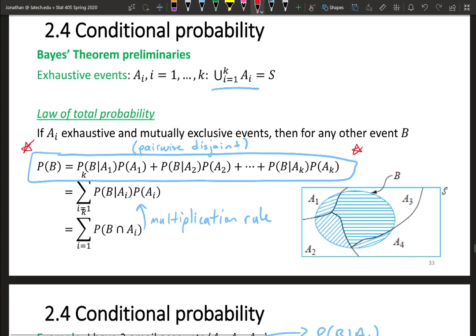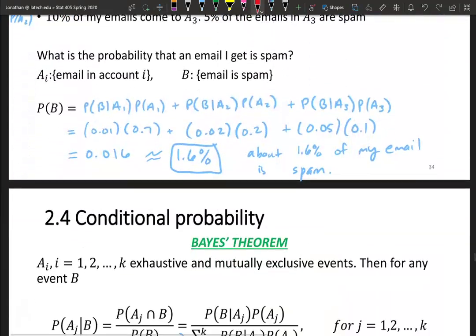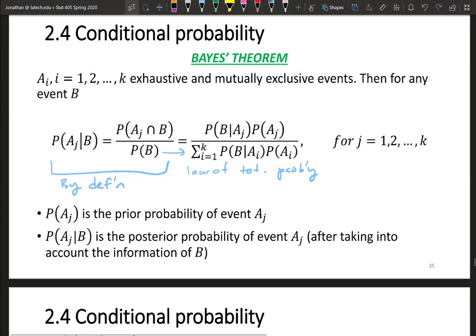And then basically we use the multiplication principle to define Bayes' theorem, which said that the probability of Aj given B is probability of Aj intersect B over probability B. That's the definition of conditional probability. But then the multiplication principle in the numerator tells us I can write that as probability of B given Aj times probability Aj. But now the denominator is really just the law of total probability, rewriting probability of B. So that's Bayes' theorem.